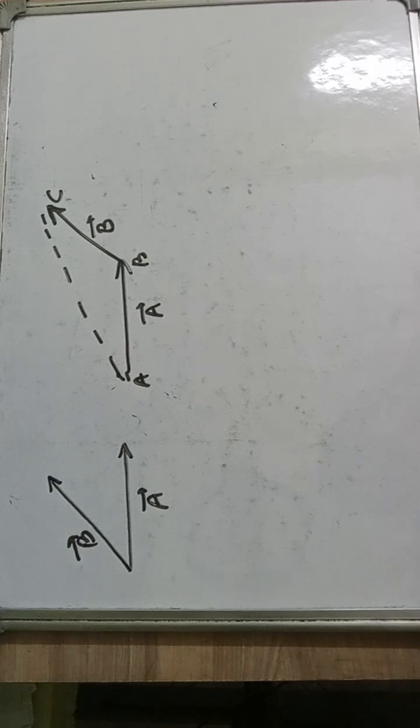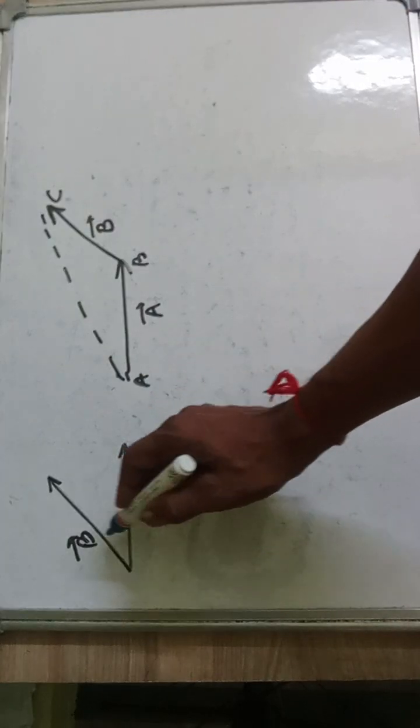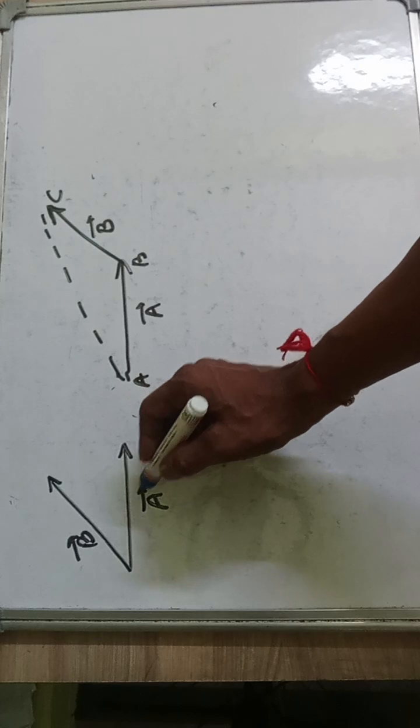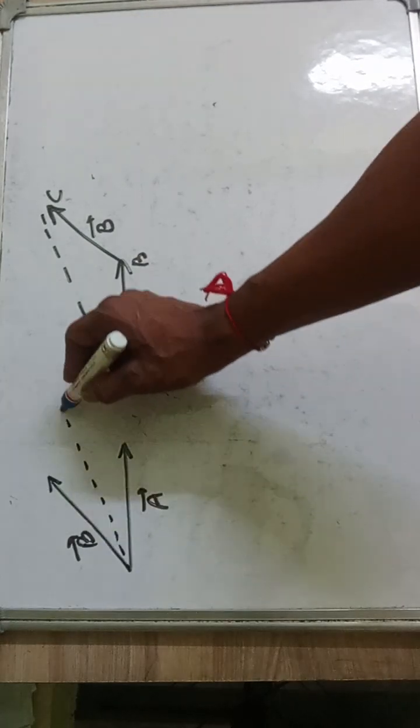Parallelogram method of vector addition says if two vectors will be added, they are represented by two sides of a parallelogram.